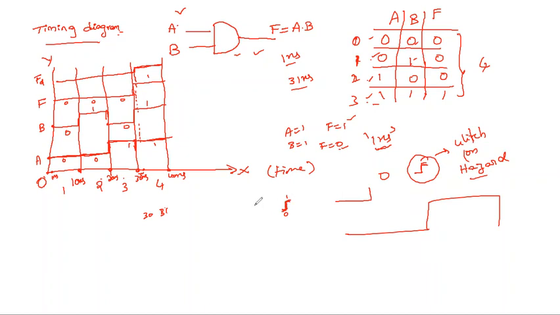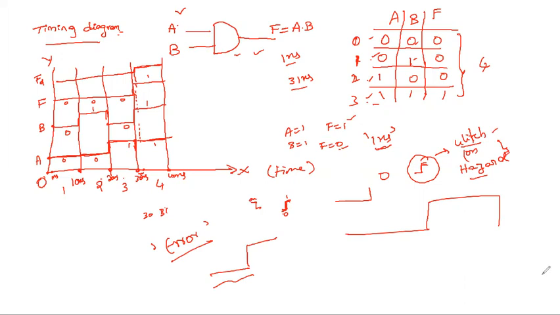Sometimes instead of 0, we get 1. This very small time is called a glitch or hazard. If we get it for a long time, that is called an error.